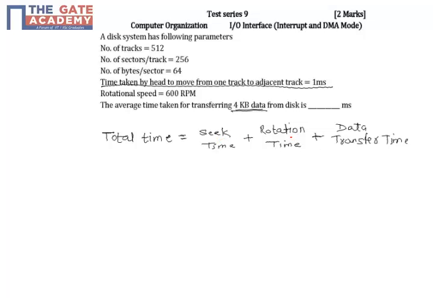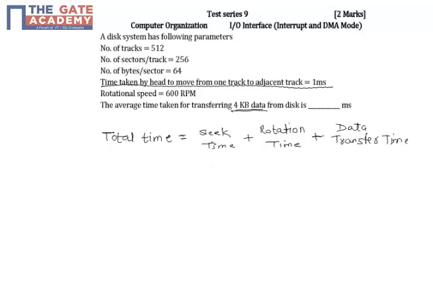Rotation time is the time required to rotate the disk such that the desired sector is under the read-write head. And finally, data transfer time is the actual time required to transfer data from the disk. So let us calculate the value of each of these components individually.